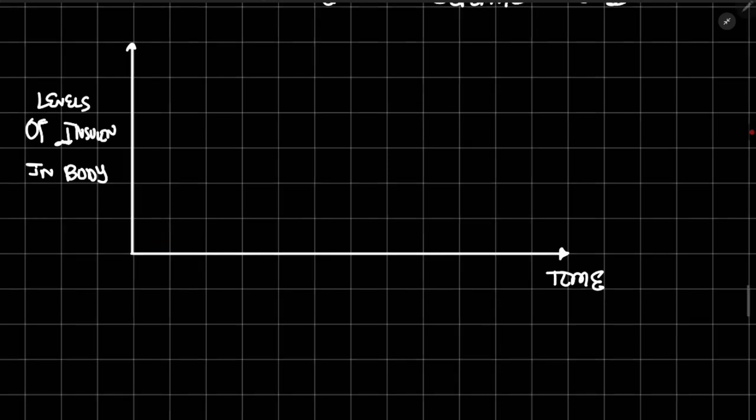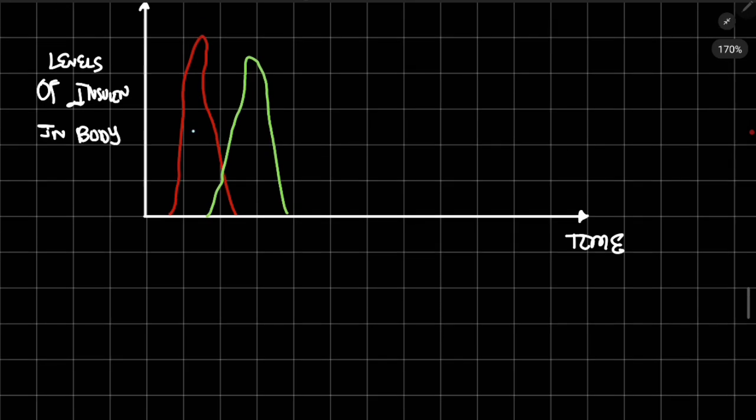They will act as bolus insulin. The onset of action is less and the duration of action is also less. Okay, this is the ultra short, and this will be the short acting. The duration will be 3 hours here, 6 hours here.